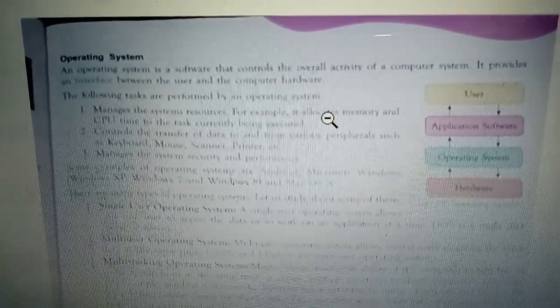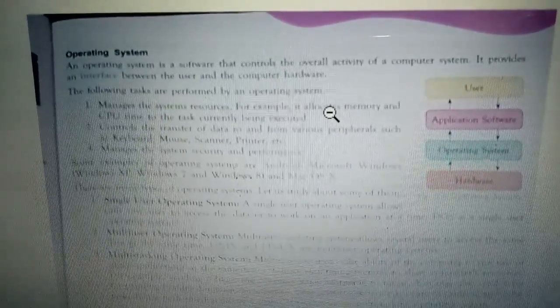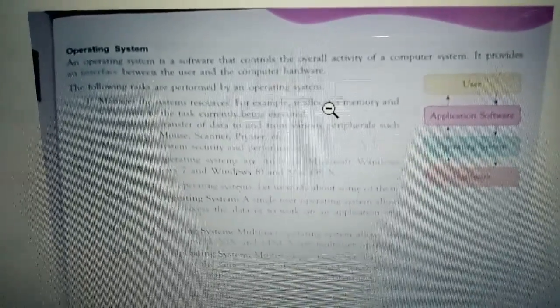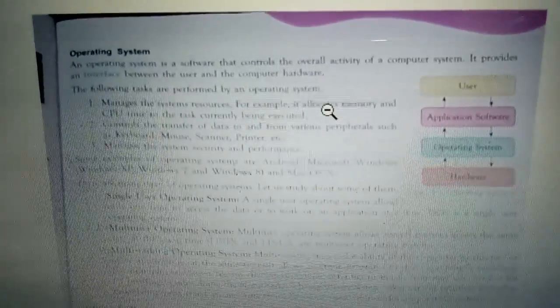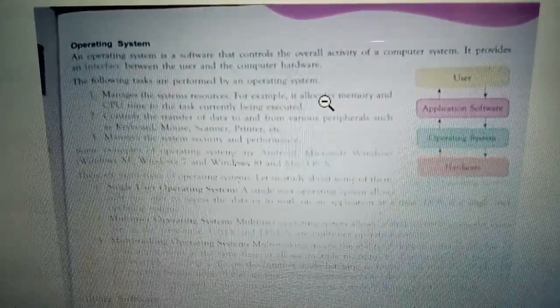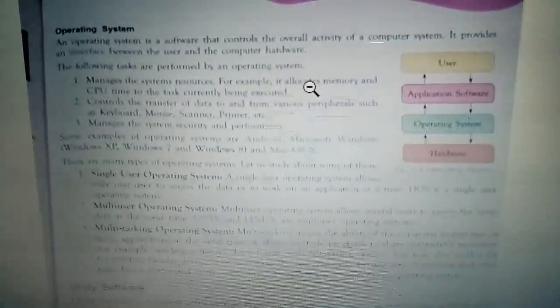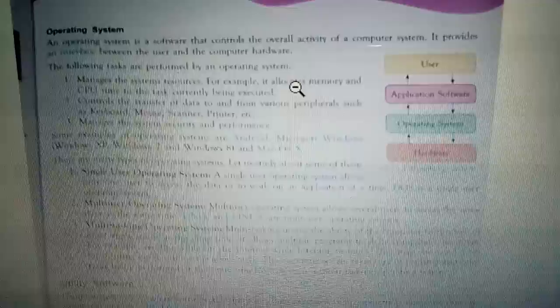Whatever the task computer is performing, whatever the function it is performing, it is controlled by the operating system, and it provides an interface between the user and the computer system. We can say it is an interface between the computer and the user.